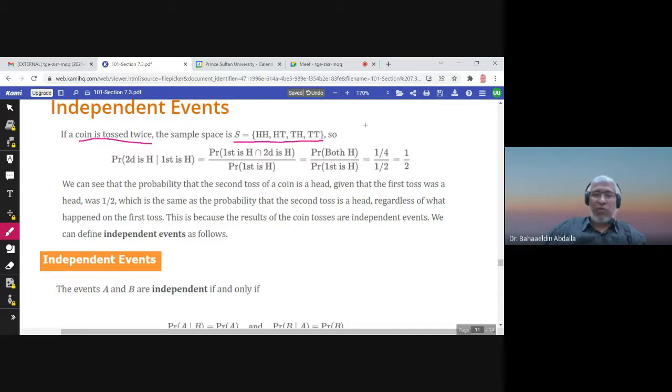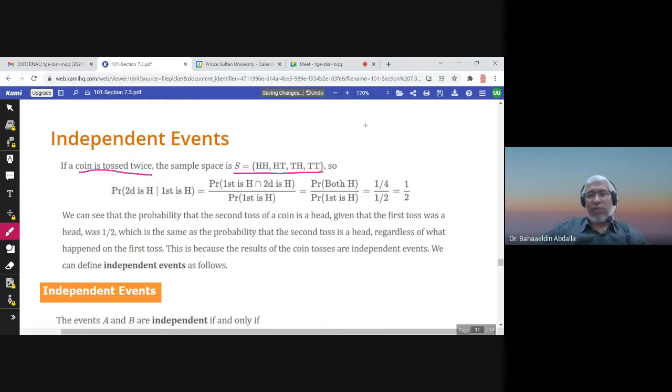You can do a tree diagram for this experiment. The first coin is HH, and the second coin would be HT. The first coin is HT, sorry. So we have four outcomes, HH, HT, TH, TT. Now we need to discuss something.